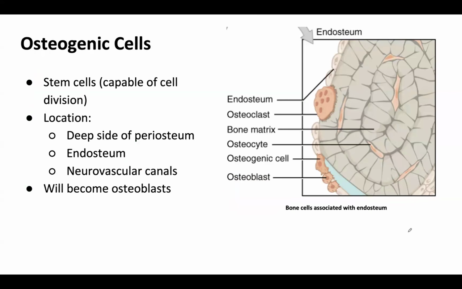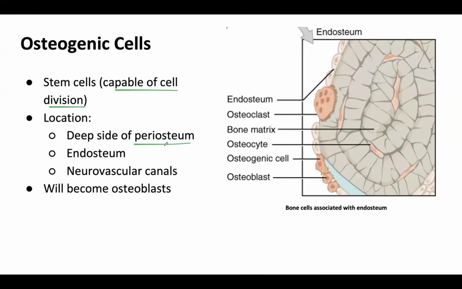Okay, so osteogenic cells, as mentioned, are stem cells, and importantly, these are the only bone cells that are capable of cell division. These are mainly located on surfaces of the bone. So this would include the external surface of the bone on the deep side of the periosteum.